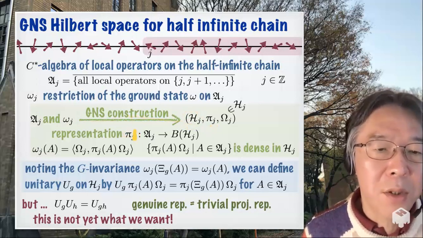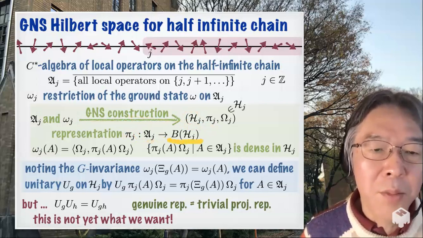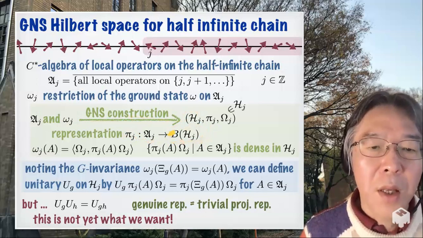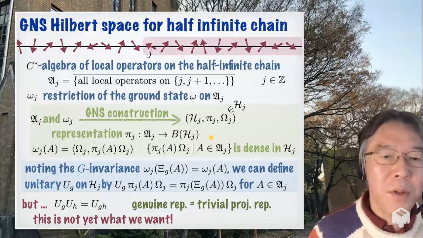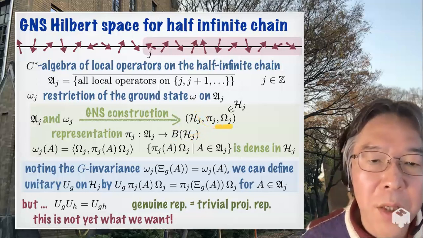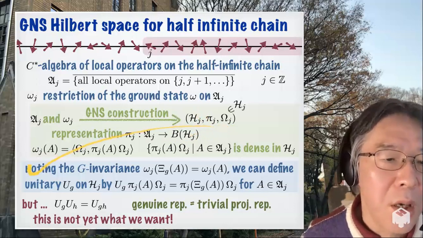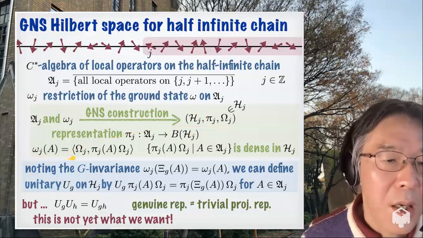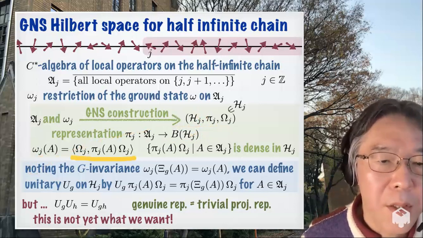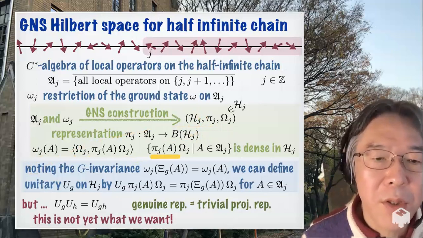So pi_j actually is a linear map from the C-star algebra to the set of all bounded operators on H_j. Okay, which of course preserves the product and everything, and also a vector omega_j in this Hilbert space. And by using this vector omega_j, you can write this state, the ground state, as the vector state in this Hilbert space H_j. And we also see that the vectors of this form are dense in the whole Hilbert space.